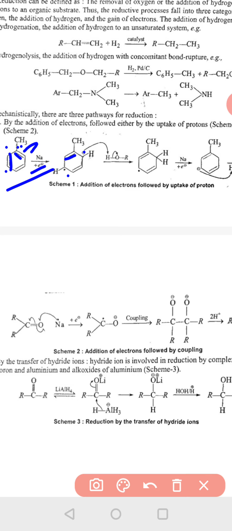In the next step a proton is abstracted from a compound. Here ROH, a proton is abstracted from alcohol. This proton gets attached to this carbon because here negative charge is present on this carbon. In next step, one more electron is added here and a full negative charge is formed.